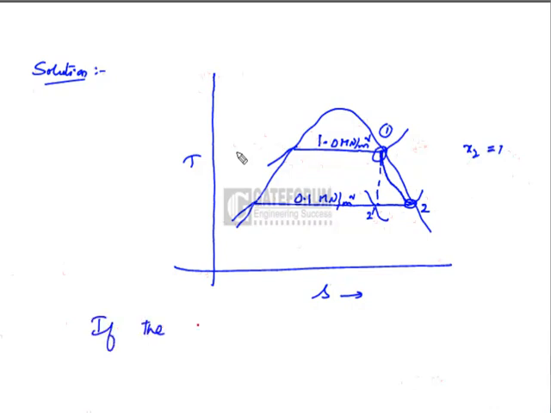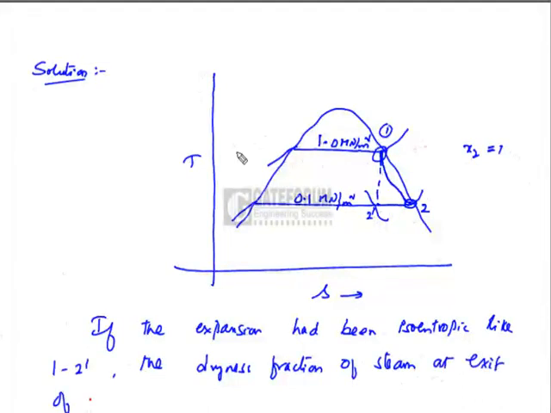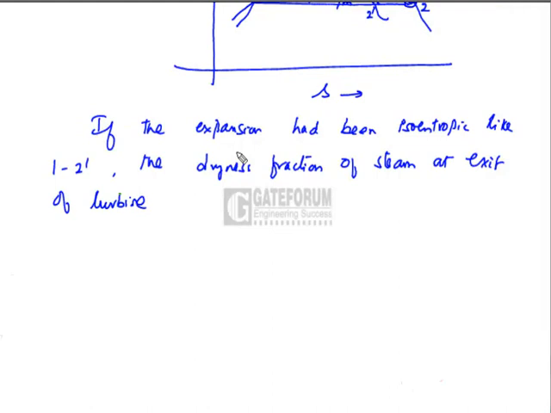If the expansion had been isentropic, like 1 to 2 dash, the dryness fraction of steam at exit of the turbine is less than 1.